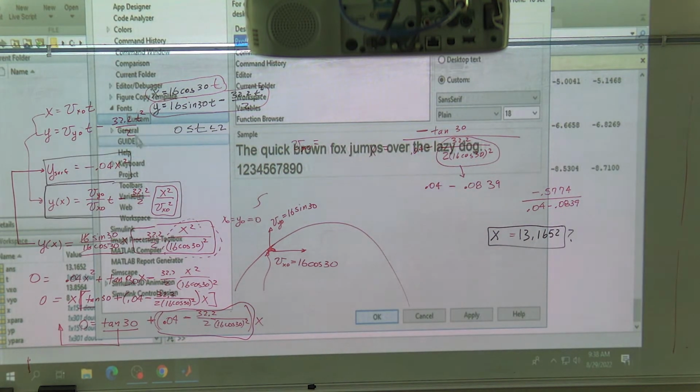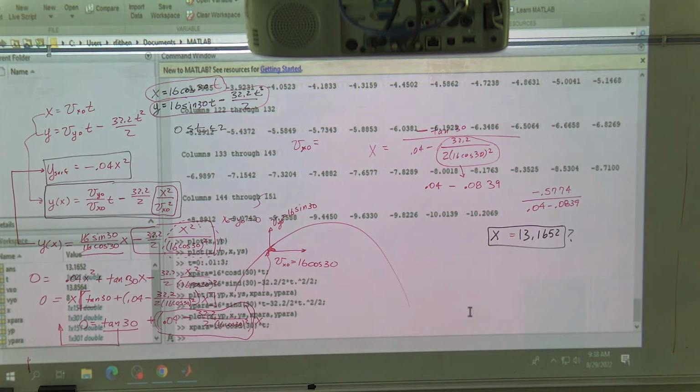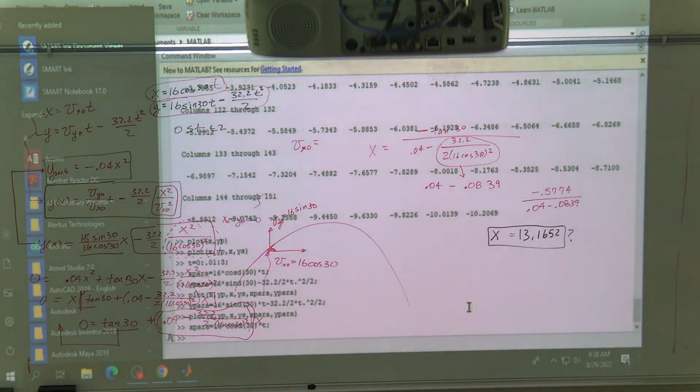So wait a minute. I want to increase the, okay, figure, display, current. I'm trying to make it so the fonts are bigger. There is another way to do this, if they'll let me do this. Let's see. Hang on. Oh, this is an old Windows 10. Let's see.